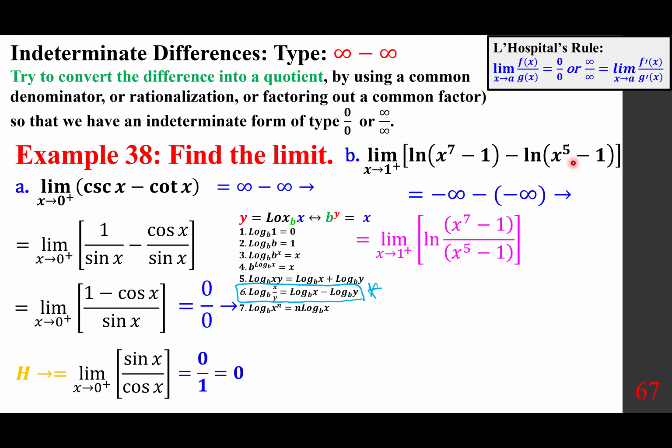All right. Now that we have that, we can interchange natural log and the limit.